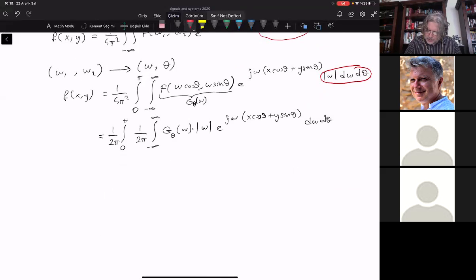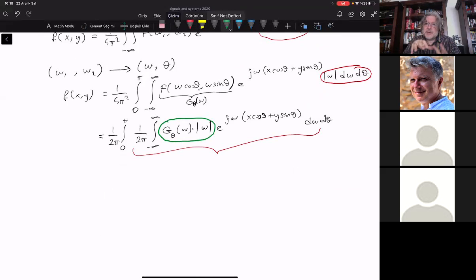Now, I want you to focus on this part. As you see, in the frequency domain there seems to be a multiplication. So I'm multiplying g theta of omega and the absolute value of omega in the frequency domain.